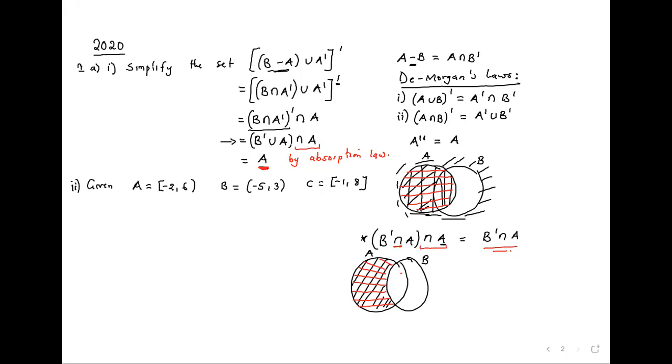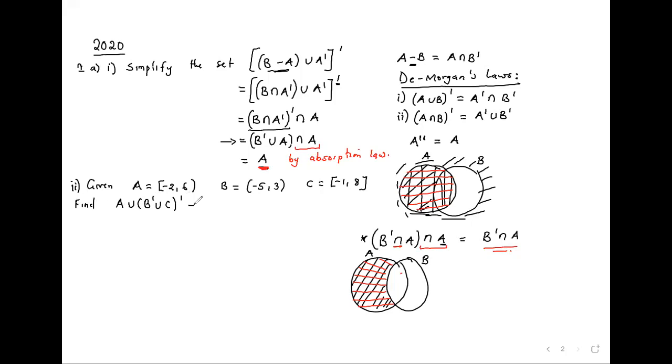Okay. Then now we are given these sets A, B, C intervals. Find A union B complement union C complement.